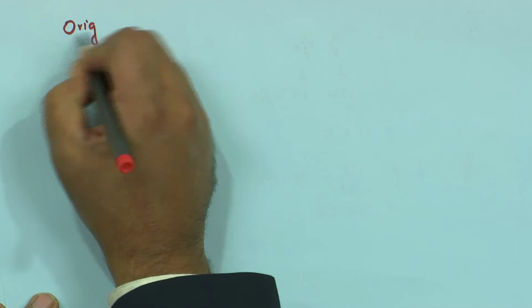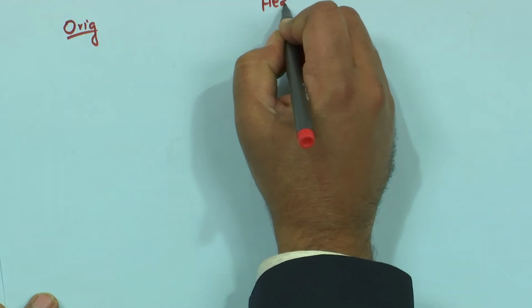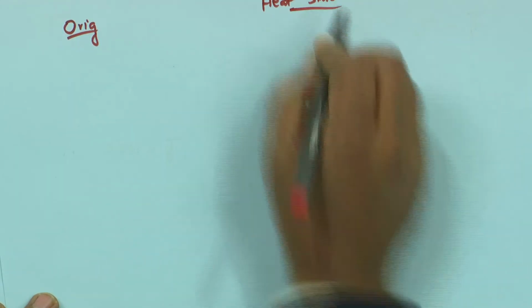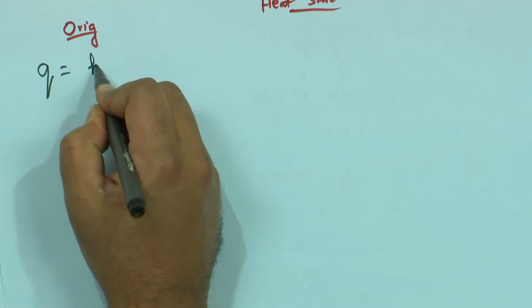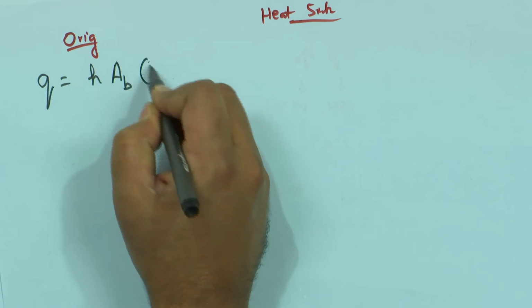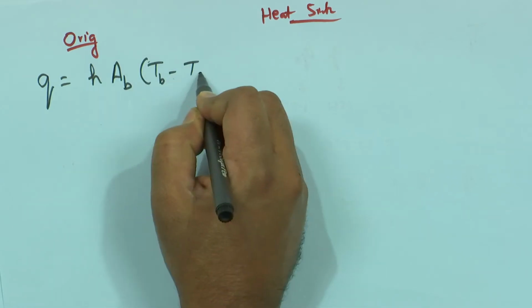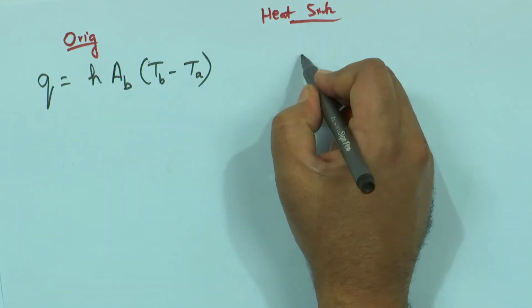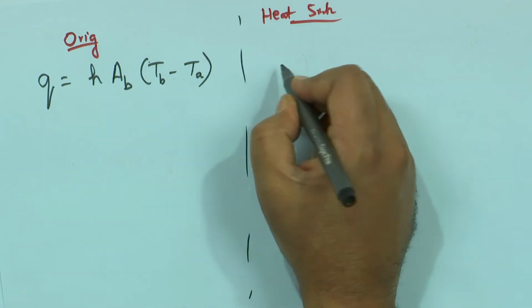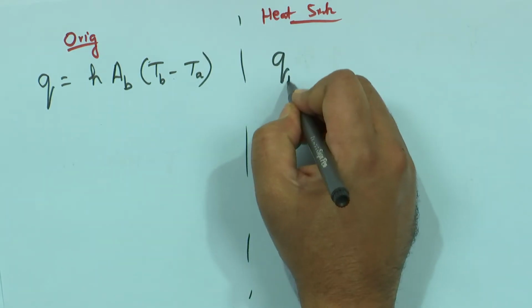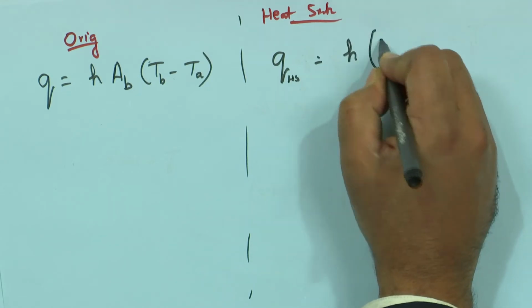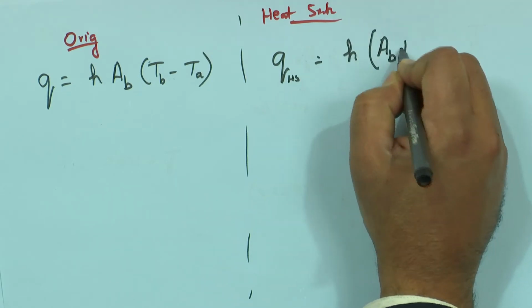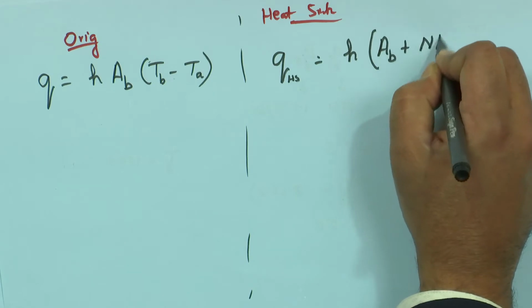So originally, and now with the heat sink, my Q was h times area of the base times (T base minus T ambient), and in the modified version I will have Q heat sink equals h times (area of the base plus n times area of the fin).